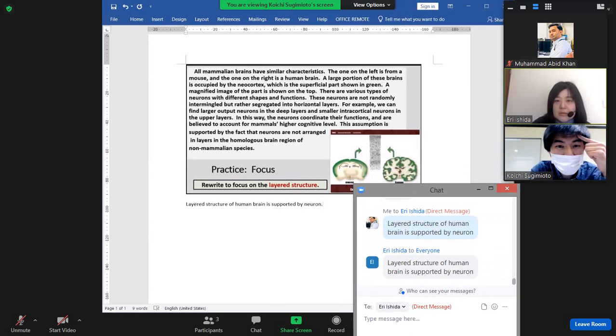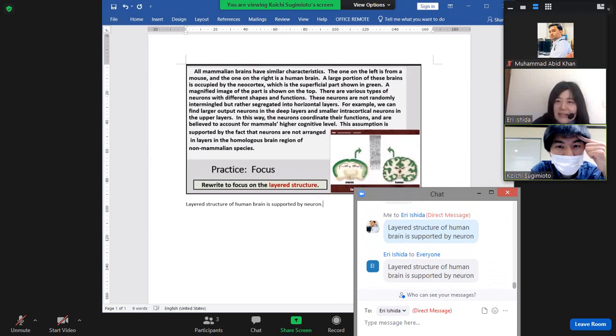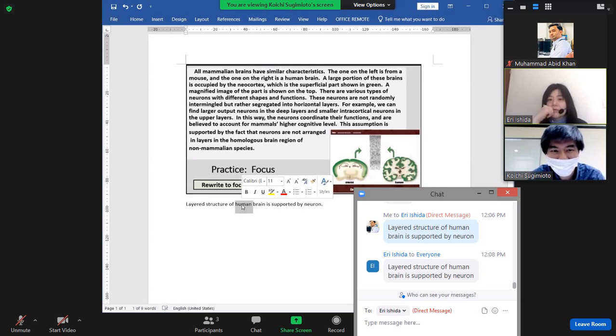A large portion. So that means not only the human, but also the elephant, so all the mammals.